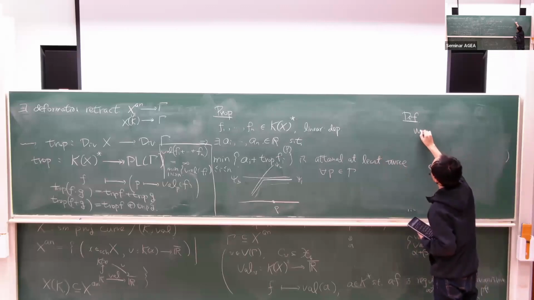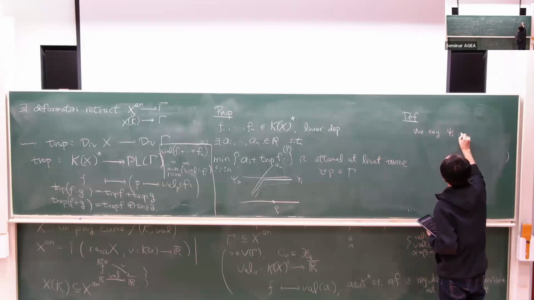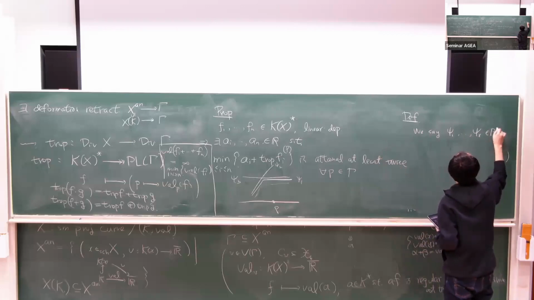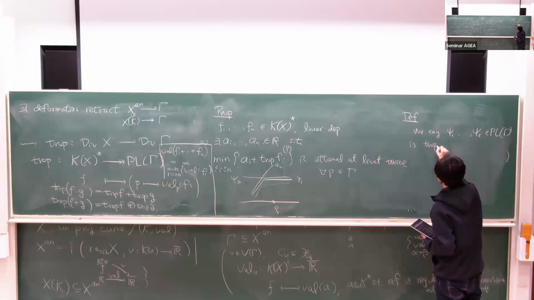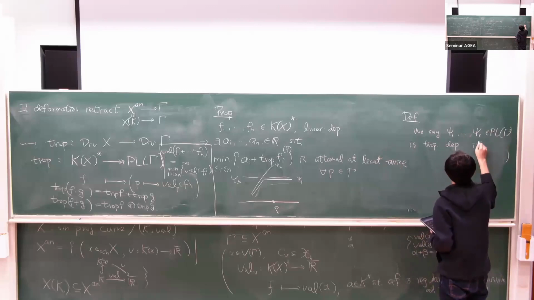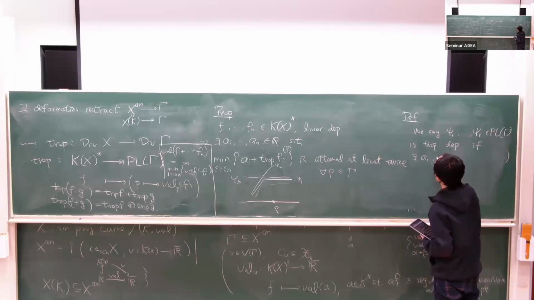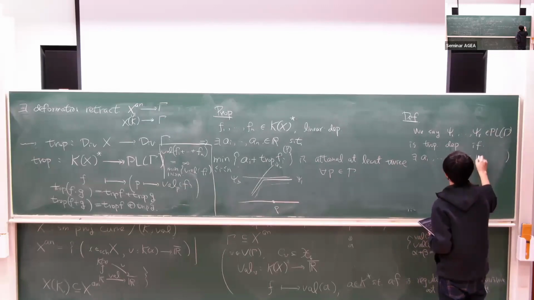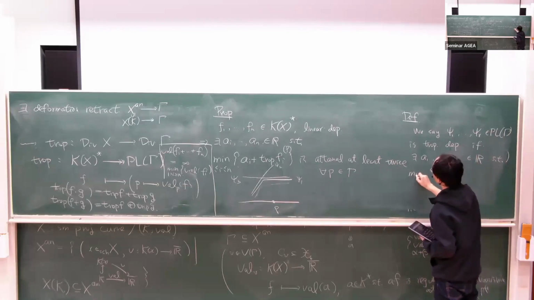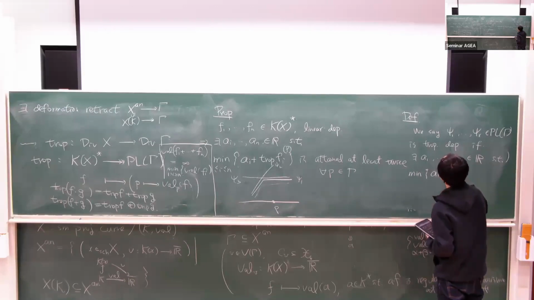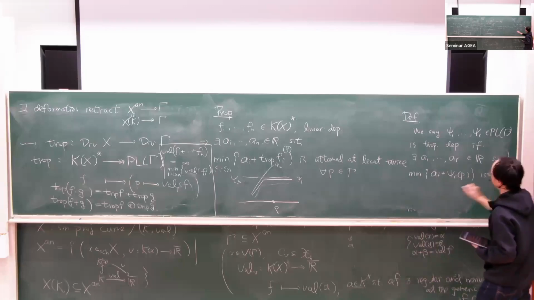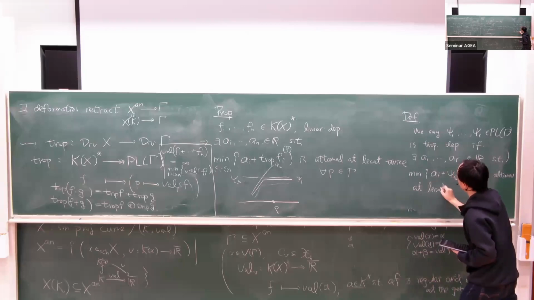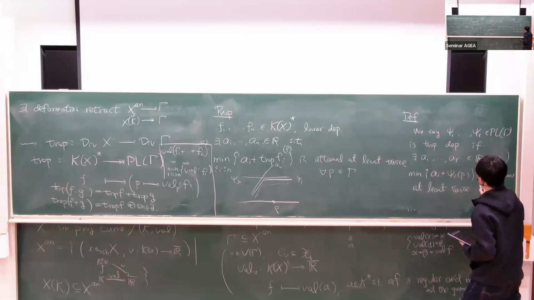We say a set of piecewise linear functions on gamma is tropically dependent if there exist real numbers such that the minima of this set of numbers is attained at least twice for every p.